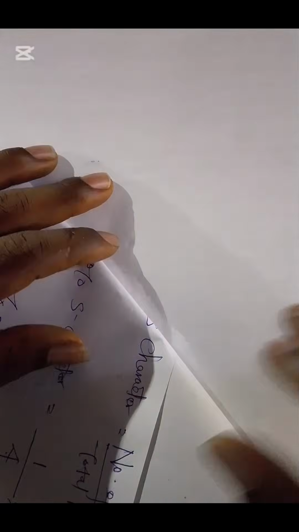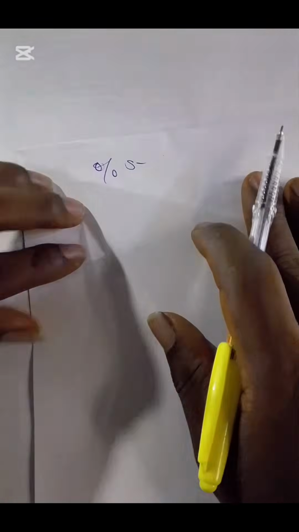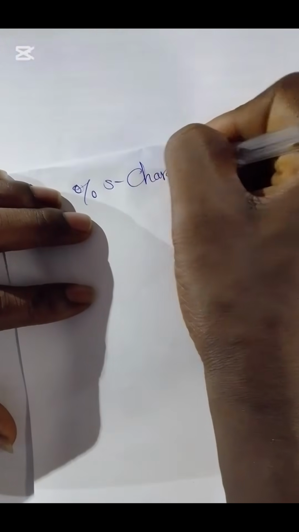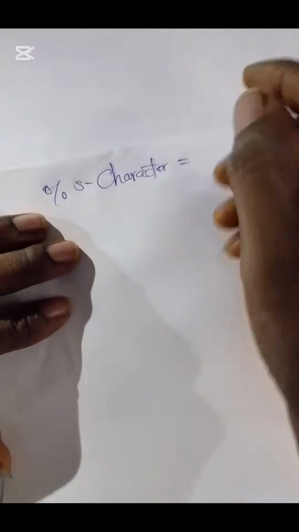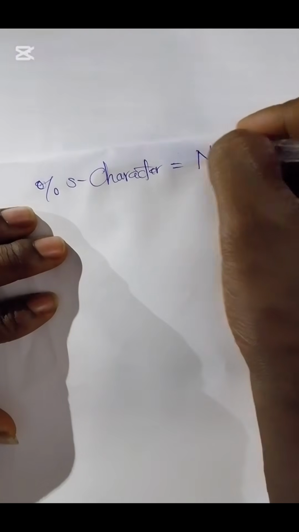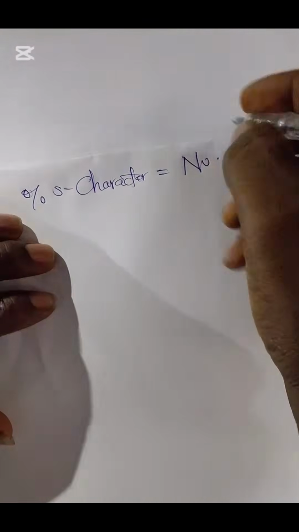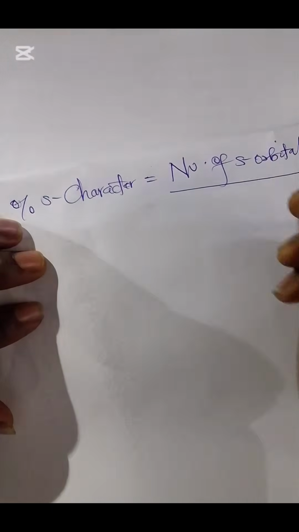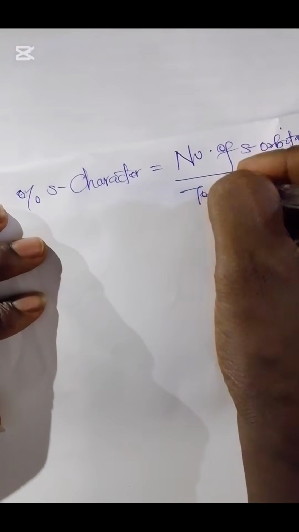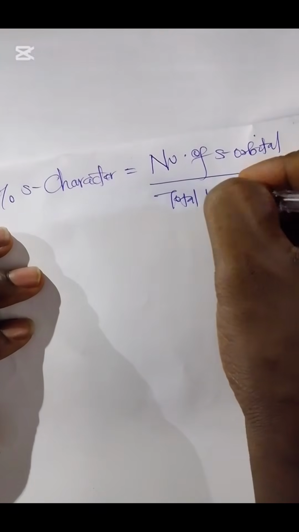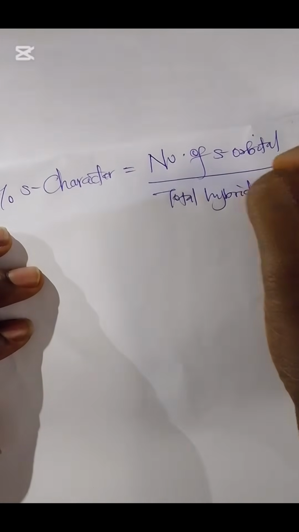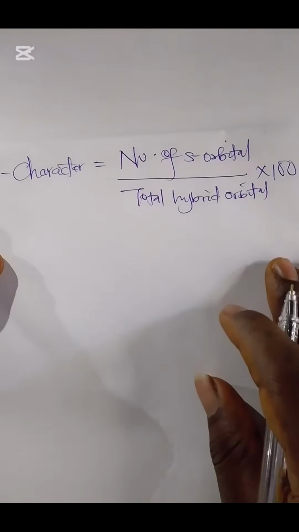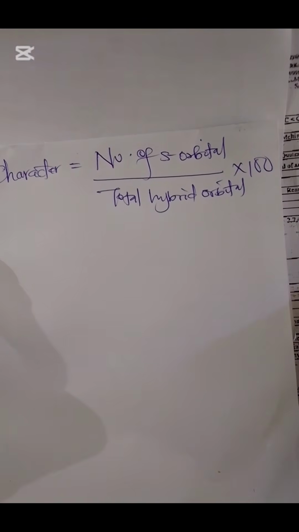The percentage S character is equal to the number of S orbitals divided by the total number of hybrid orbitals, times 100. So this is the formula for percentage S character.